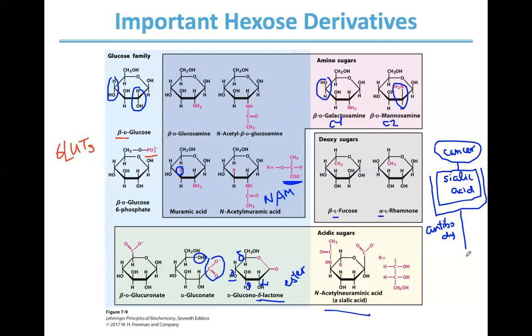And on the end of the antibody, there will be a cancer drug. Cancer drug attached to the antibody. So the antibody will be attached to the drug, and the antibody will bring the drug to sialic acid. Once it recognizes sialic acid, it'll sit there until the antibody and drug undergo cleavage, and the drug will go and kill the cancer cell.